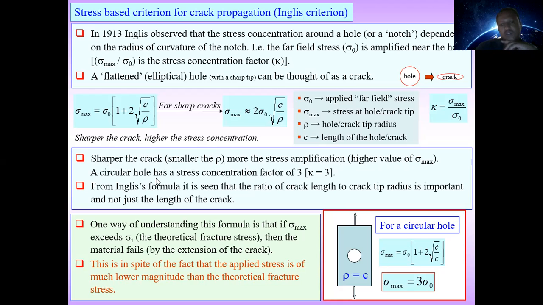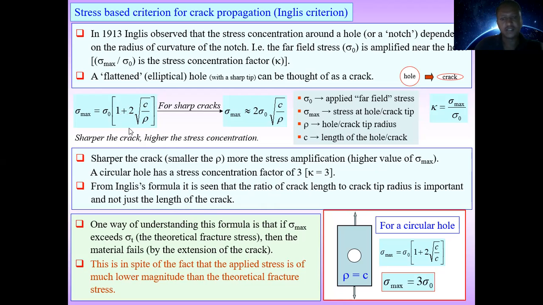The circular hole has a stress concentration factor of 3, that is K equals 3, from English. That means for a circular hole, C and rho are equal. So C over rho is 1, radical 1 is 1, 2 times 1 gives us 2, 2 plus 1 is 3.